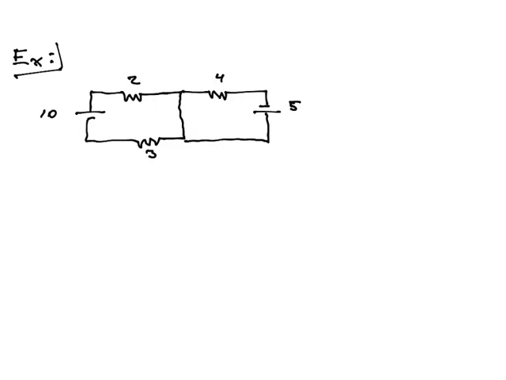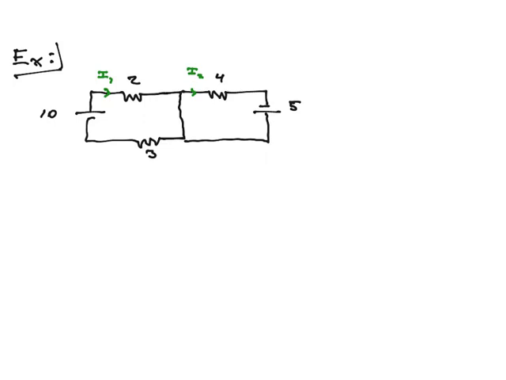All right. What do I want to solve for? Let's say I'd like to solve what is the current flowing through the 2 ohm resistor and what is the current flowing through the 4 ohm resistor.